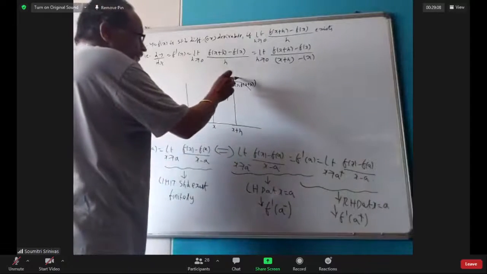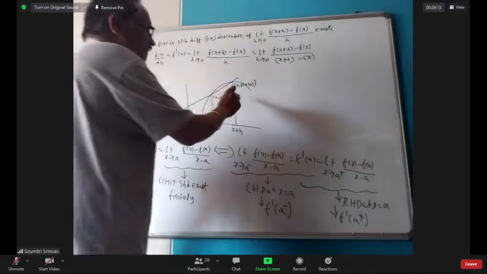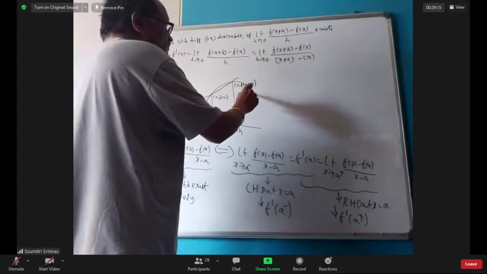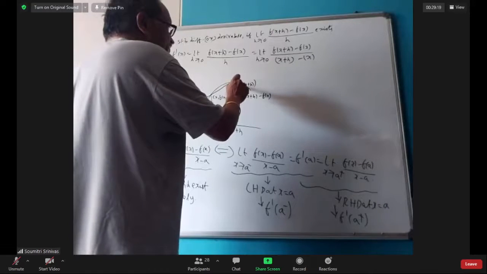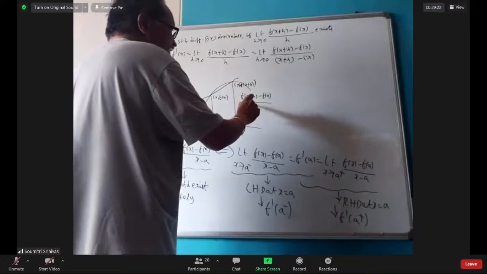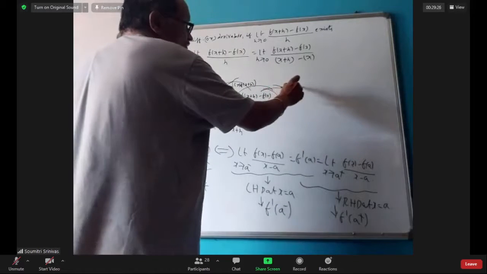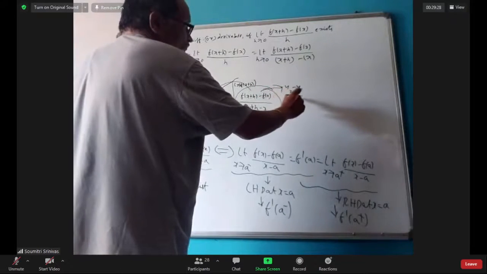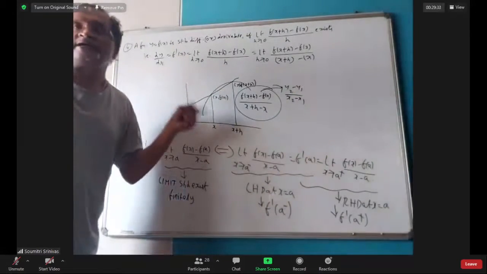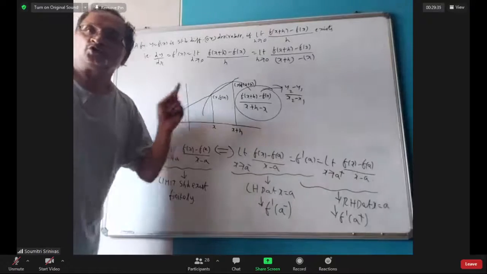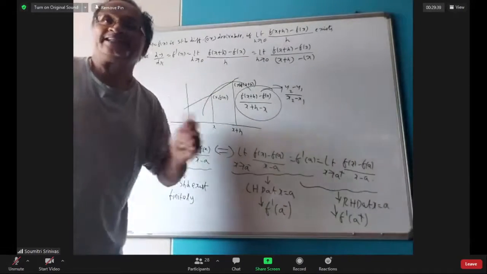Join them. What do you mean by f of x plus h minus f of x by x plus h minus x? In what form is this? y2 minus y1 by x2 minus x1. What does it stand for? Slope. The slope you draw for a tangent.